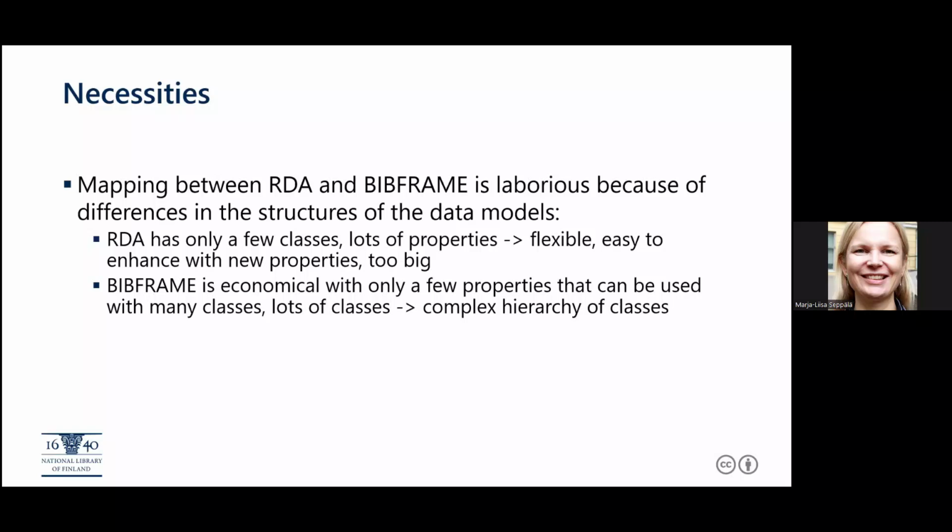BIBFRAME is more economical with only a few properties that can be used with many classes, but there are so many classes and this complex hierarchy of classes, and I'm afraid that BIBFRAME is not that flexible data model as RDA is.